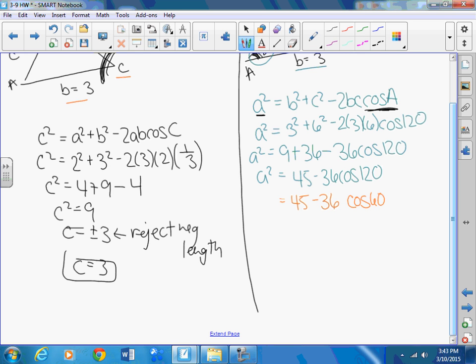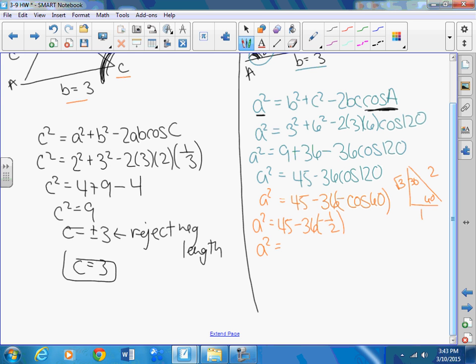That means that the cosine of 120 is equal to the cosine of 60, I just need to make it negative because 120 is in quadrant 2 and cosines are negative in quadrant 2. Looking at my special right triangle, remember, hypotenuse is always 2. The cosine of 60 is adjacent over hypotenuse, so it's 1/2. So a squared is equal to 45 minus 36 times negative 1/2.